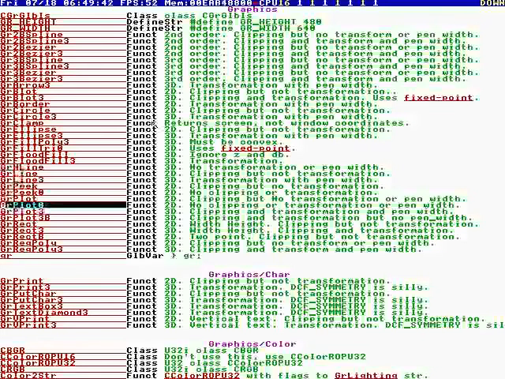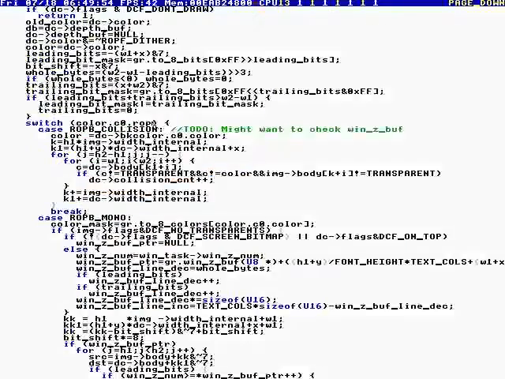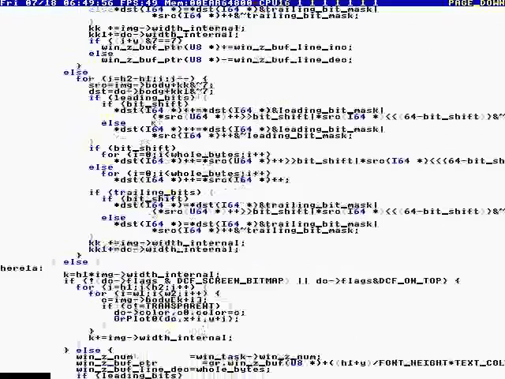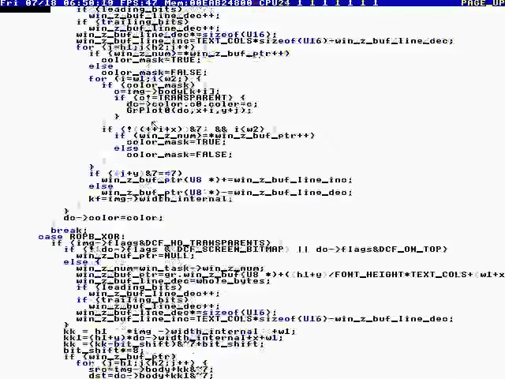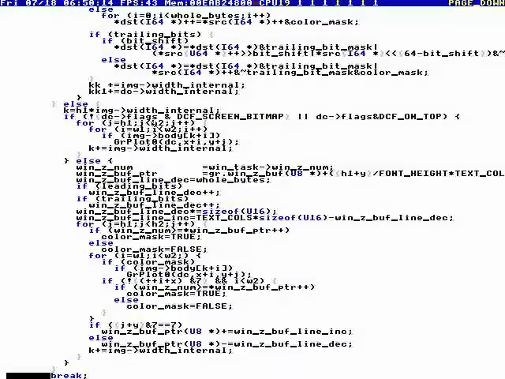Anyway, you can draw text. I did a blit. This is tedious, it's not really hard. So I used a lead-in and a trailing and a leading, and then the intermediate ones I transferred with full 64 bits.